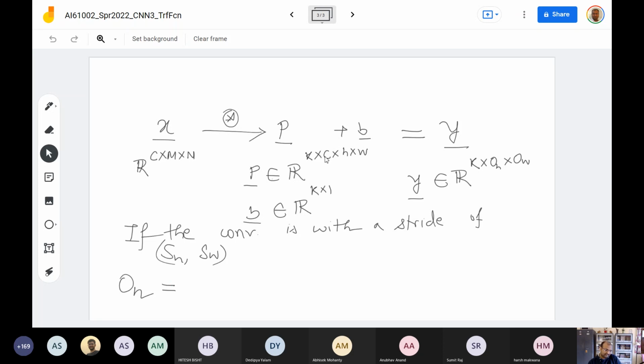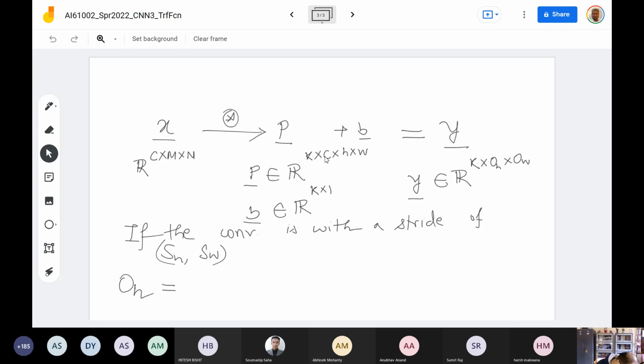Earlier, with a stride of 1, the span in the horizontal direction, or the number of columns you have, should be M minus H divided by SH plus 1.